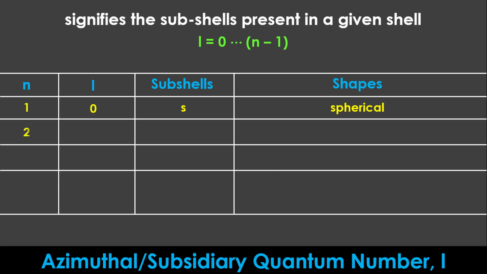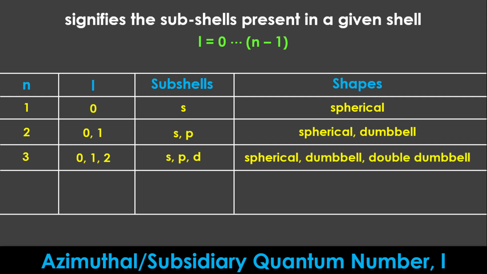Similarly, when n is 2, the possible values of l will be 0 and 1. And when l is 1, it represents the p subshell with a dumbbell shape. This explains why we have two subshells, 2s and 2p, in the second energy level. When n is 3, the possible values of l will be 0, 1, and 2, 2 being the value of l that represents the d subshell, which has a dumbbell shape.